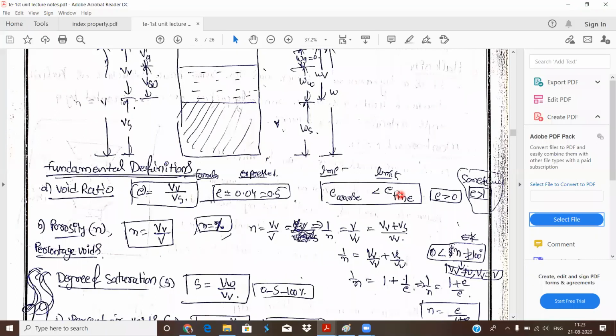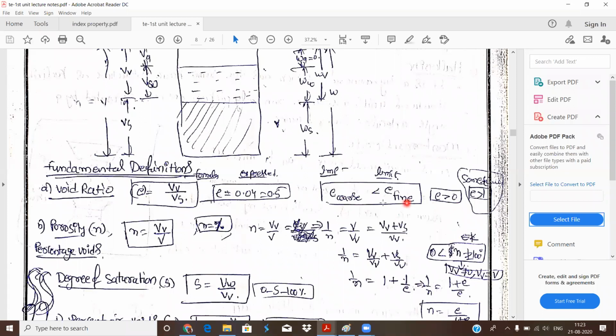With coarse aggregates, large particle sizes are available, so in between large particles we have fewer voids. Therefore void ratio is more for fine aggregates, and for coarse aggregates the void ratio is very low. Generally the void ratio is approximately above the zero value.